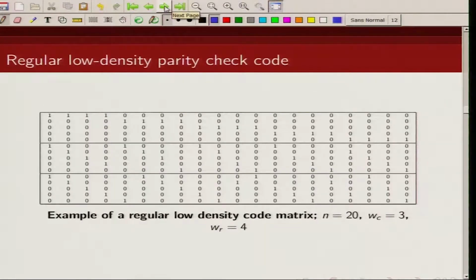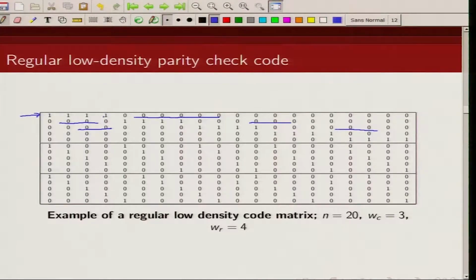This is one example of a low density parity check code. You can see in this matrix most of the entries are zeros. These are all zeros, these are zeros, these are zeros. Very few are ones. And let us look at row number 1.